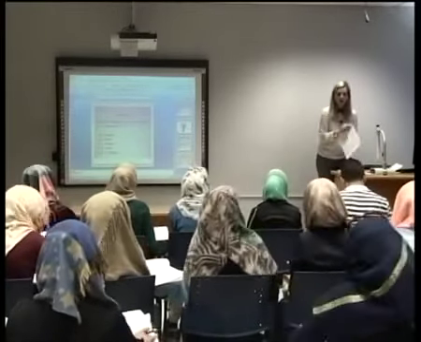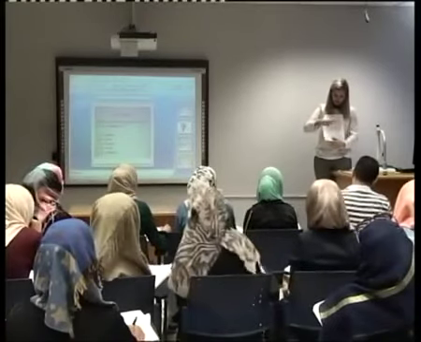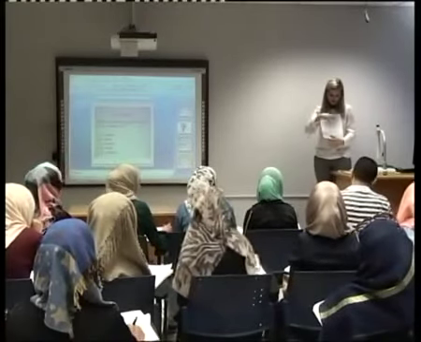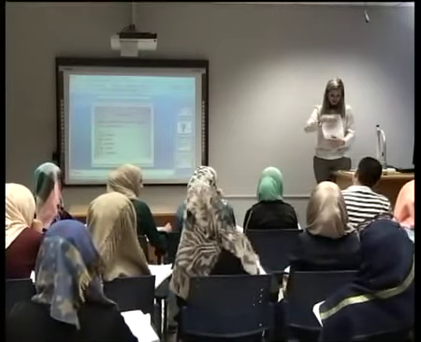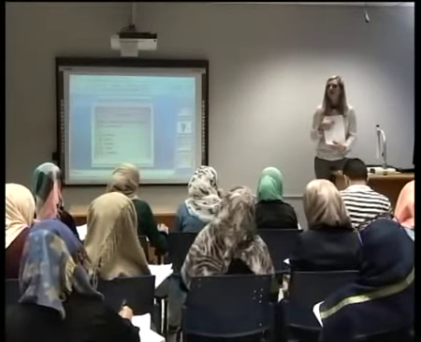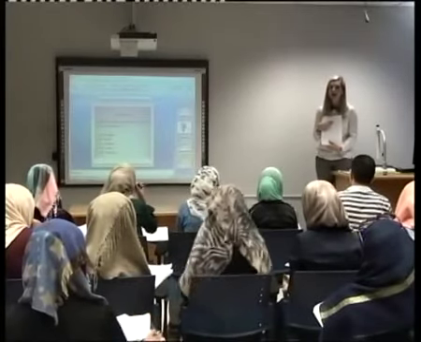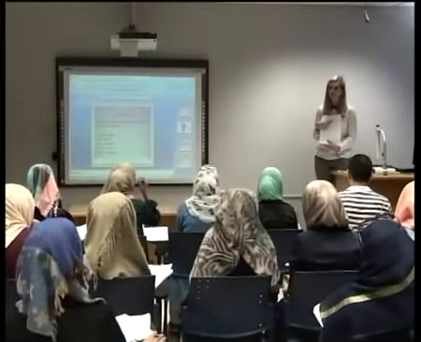Also remember, you have to be able to label the diagram. So if I give you this without labels, and I have these arrows, you have to know this is the pharynx, this is the larynx, this is the oral cavity, this is the nasal cavity. Remember, the word oral is the adjective of the word mouth. So mouth is a noun. Oral is an adjective of the word mouth.